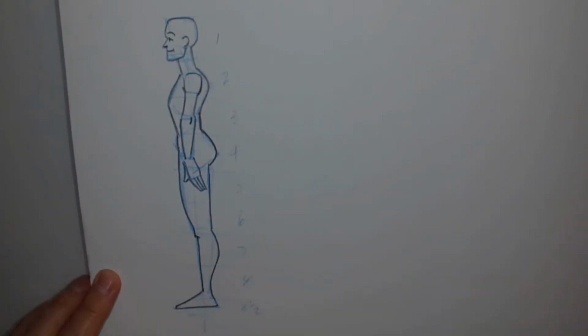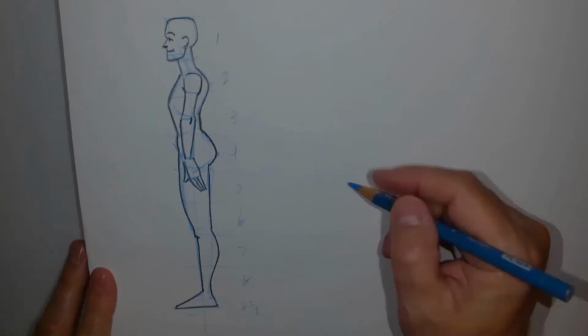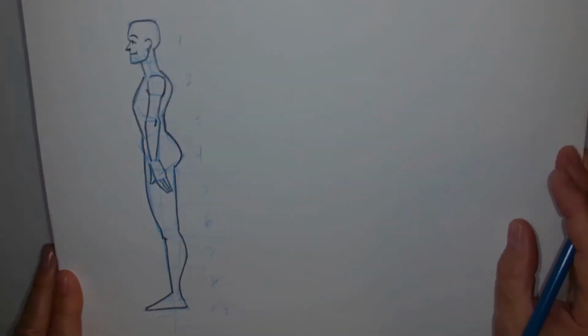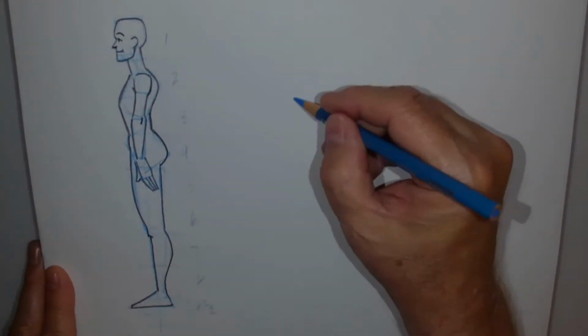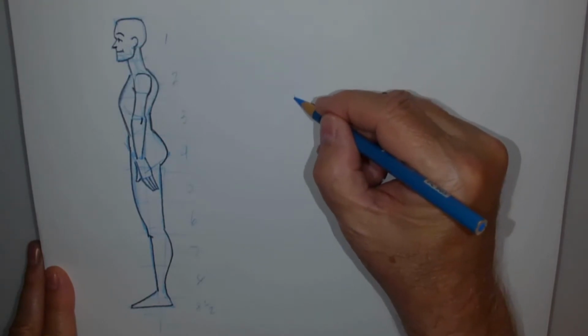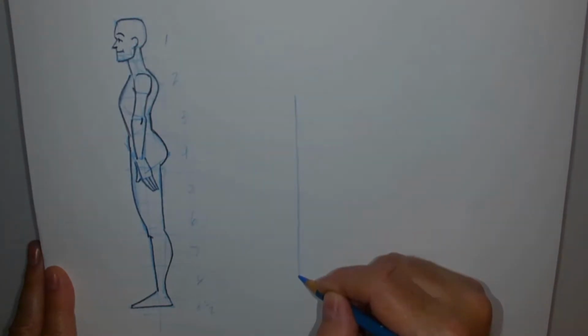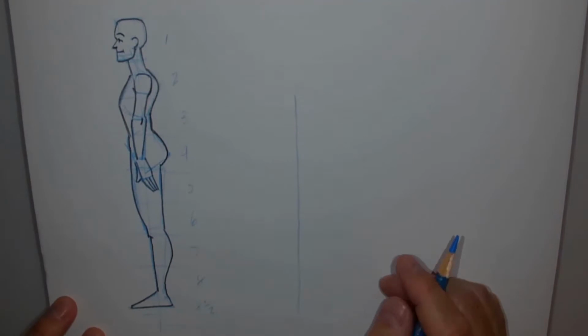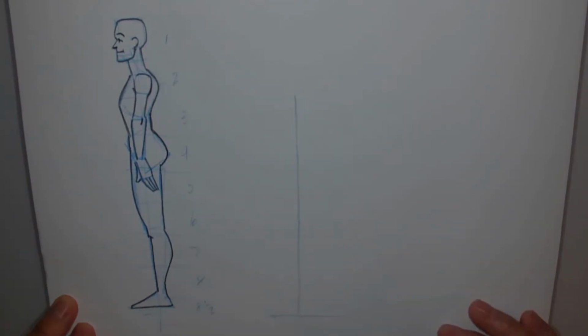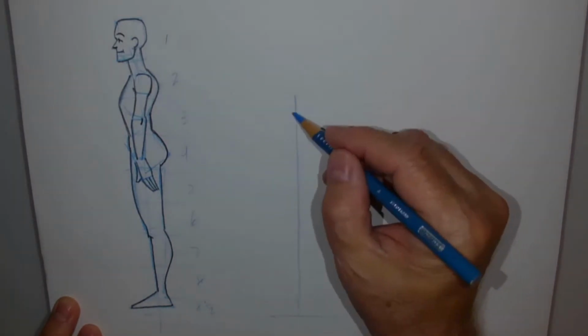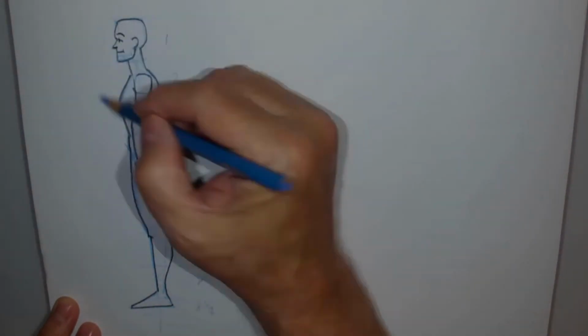So we can have fun with that by playing with those proportions, and that's what I'm going to do in the next one here. I'm going to do another straight line best we can. Use a ruler if you like. And this one, again, I'm going to play with it as we go, but I'm going to make a larger head. And again, I kind of started with a square here.